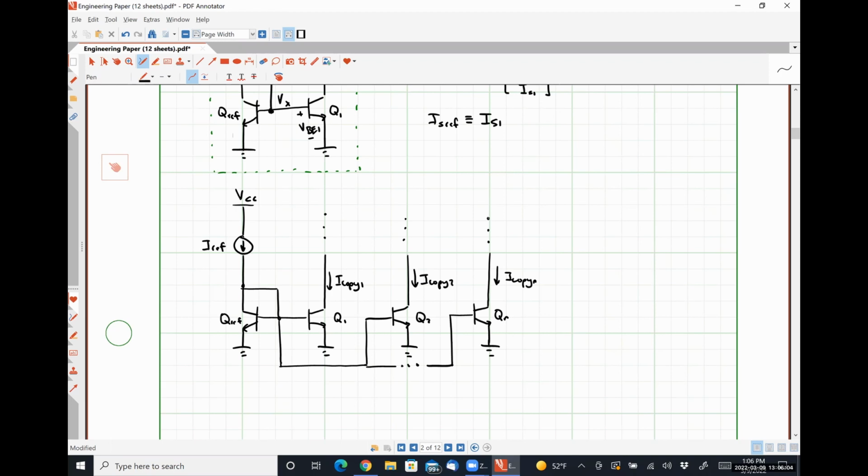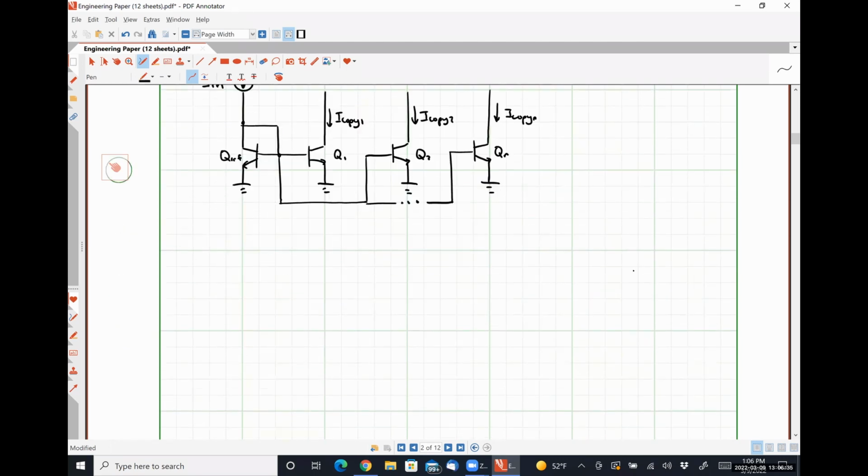But what if, for the sake of argument, this is providing 10 microamps of current, but we want something to be biased by 30 microamps of current? How do we do that? Well, we can get scaled versions of our reference current by connecting transistors in parallel.